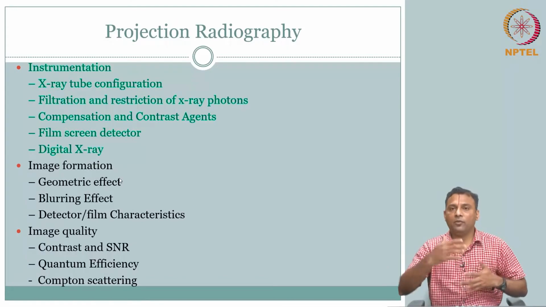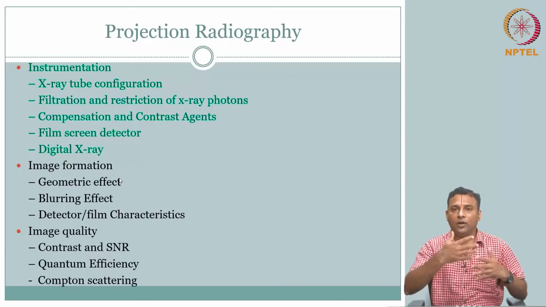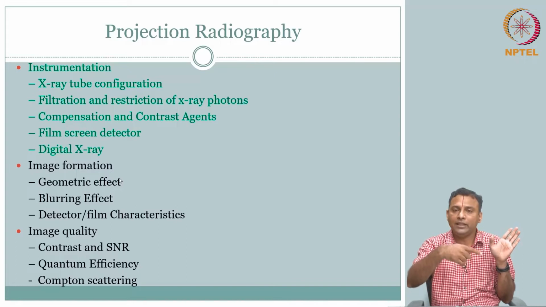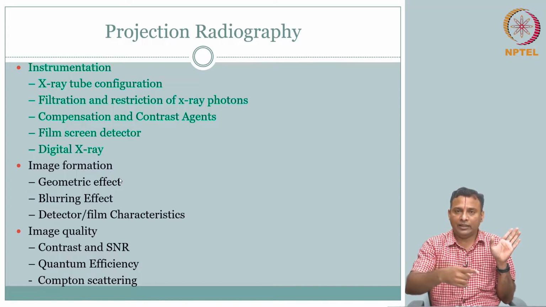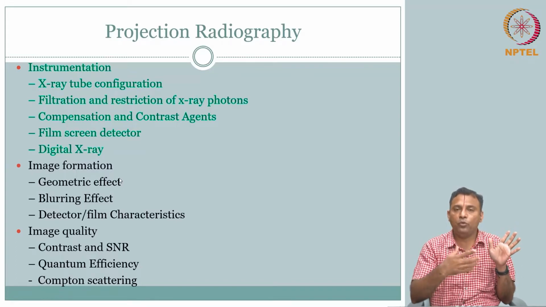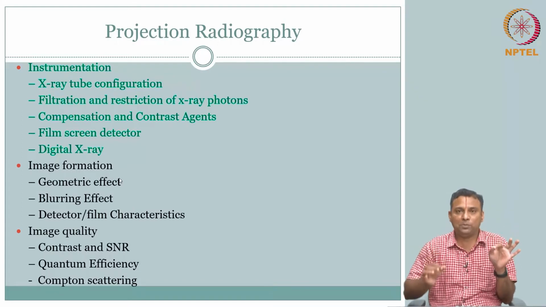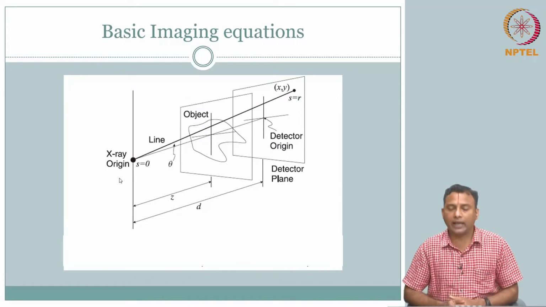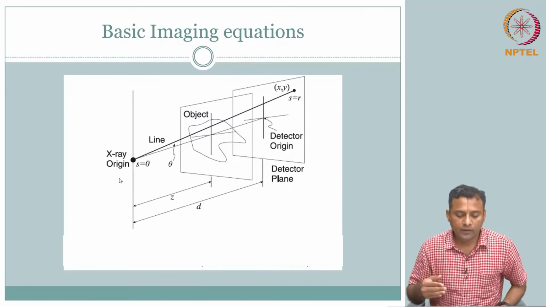So what are the parameters that you can control to form an image has mostly to do with the instrumentation that we have covered so far and how we exploit it, rather than explicit reconstruction. That will become clear as we go along.